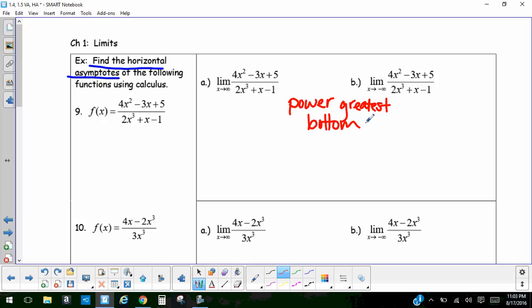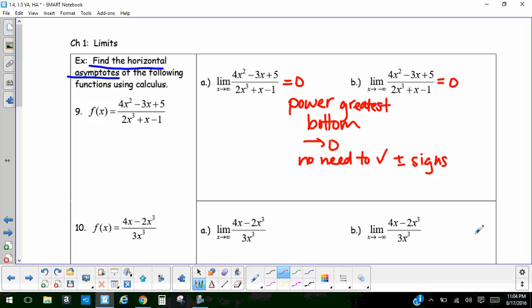So does that mean that you have a horizontal asymptote at 0, at the leading coefficients, or that you don't have a horizontal asymptote at all? Well, if the power is bigger on the bottom, that means you have a horizontal asymptote of 0. There is no need to check the plus minus signs because positive and negative 0 doesn't make a difference. So these limits would each equal 0.